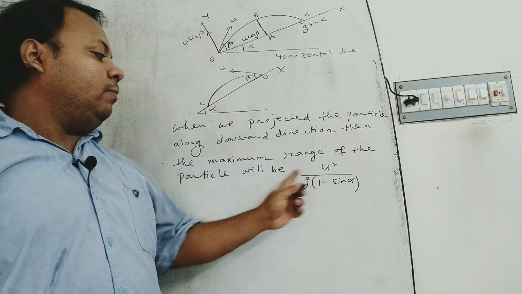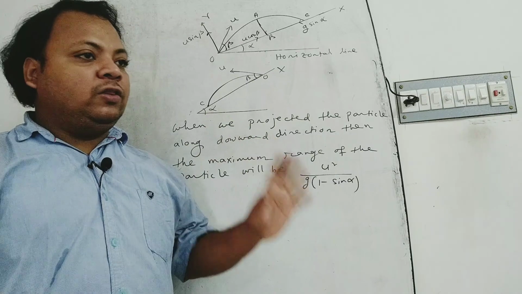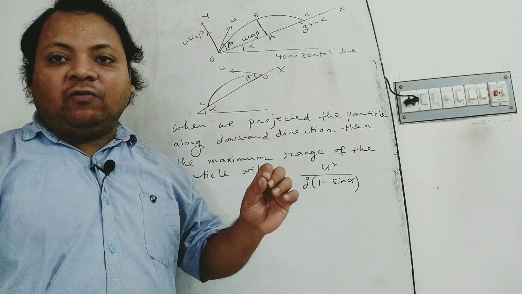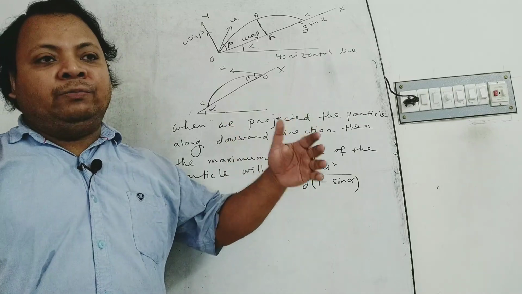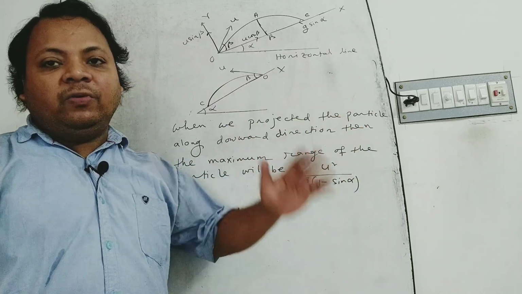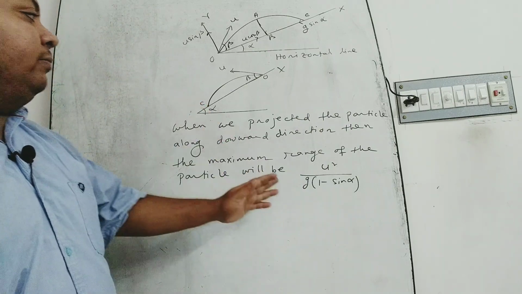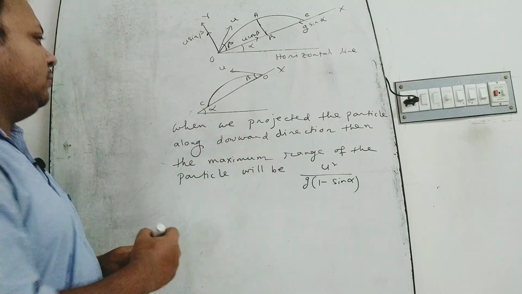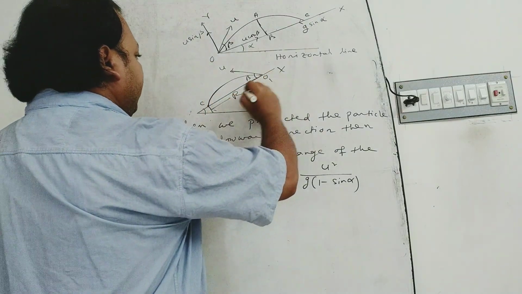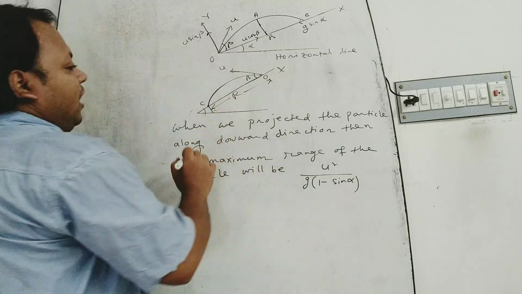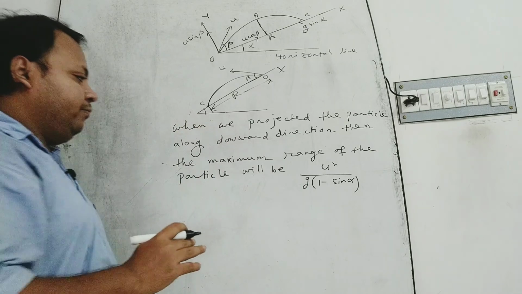Here we put minus alpha in place of plus alpha in the previous equations. Then we can similarly get the maximum range, that is, the range of the particle. Here alpha is the angle of inclination of the plane with the horizontal line.